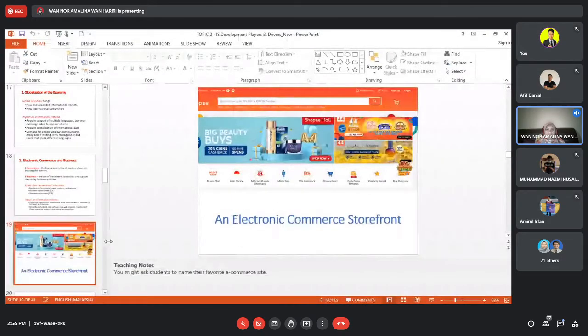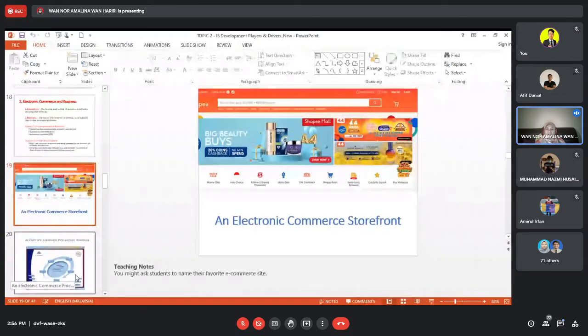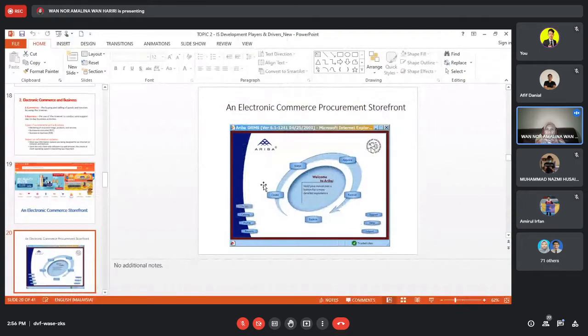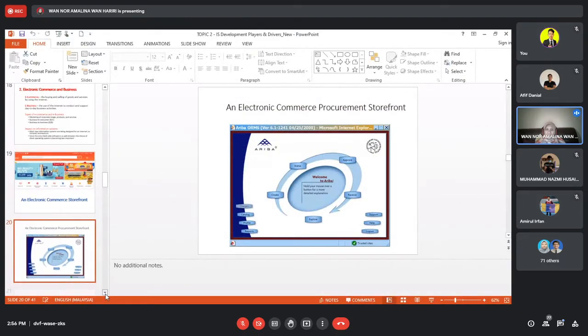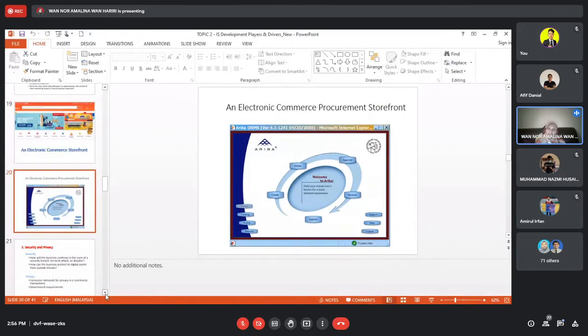Now this is an example of electronic storefronts. It's Shopee of course, and then we have Ariba. Ariba ni SAP, alternative to SAP. Sebab SAP dia dedicated kepada organizations, right? But Ariba is web based, right?